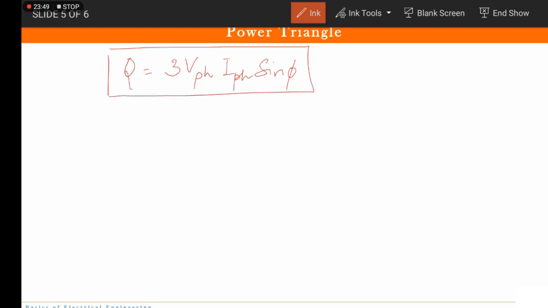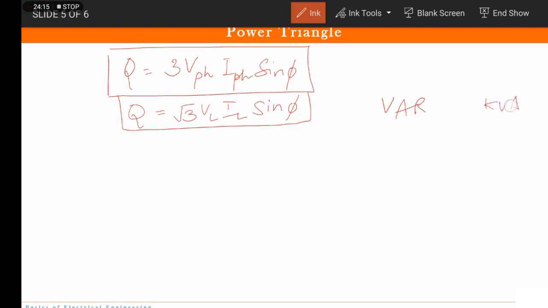And if I wish to change this in terms of line voltage and line current, it would be sin phi. Remember, power is measured, P is measured in watts, and this is measured in VAR, volts ampere reactive, or kVAR.